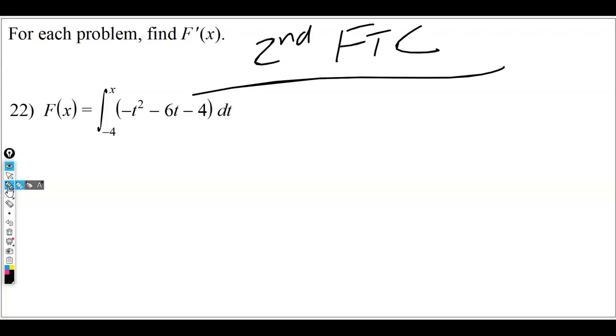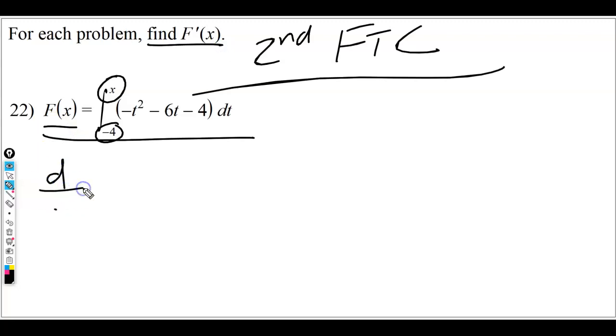Now, this is what we call an integral function. When your integral function has just a number down here and just an x right here, and you're being asked to find the derivative of your function, well, it's pretty easy actually. All they're asking you to do is find the derivative of your function, right?